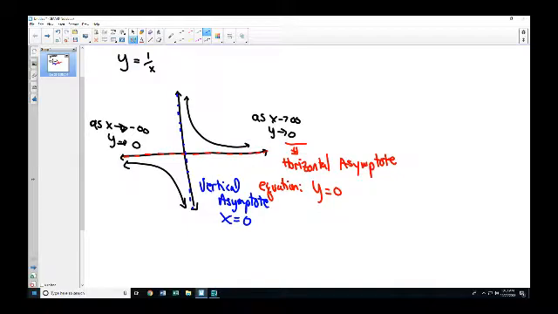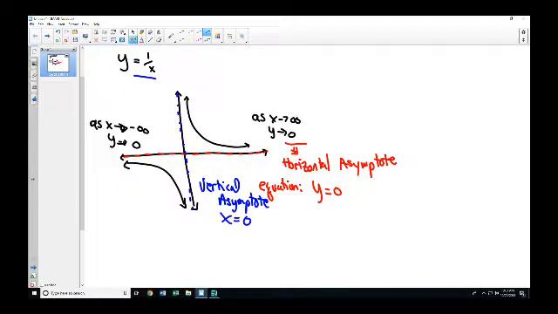Algebraically, can you see why that graph does not cross the x-axis or the y-axis? You look at the function. What's the problem? What number can't be in the denominator? 0, right?